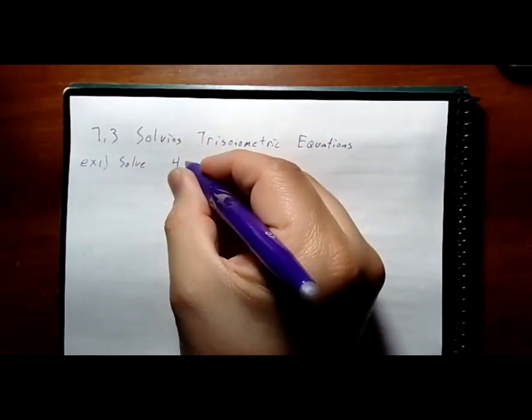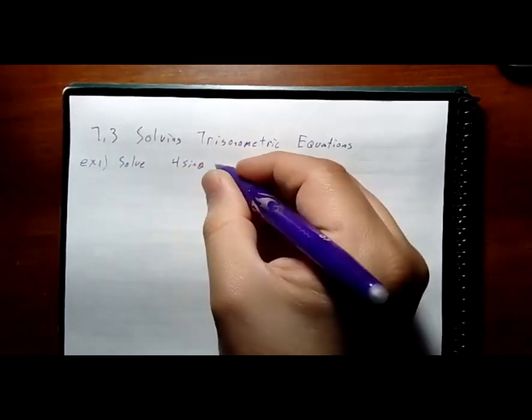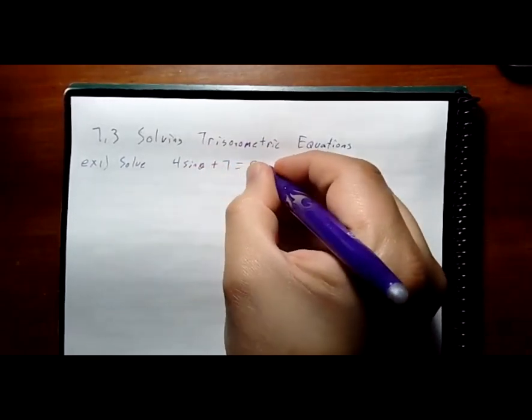Okay, so solve for 4 sine theta plus 7 equal to 9.